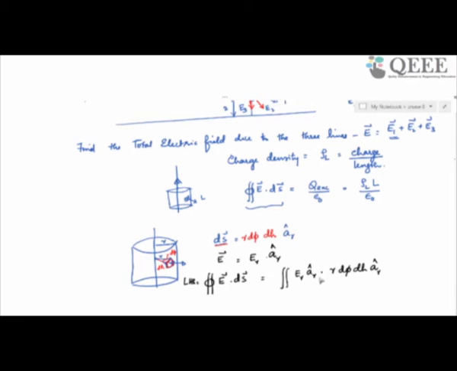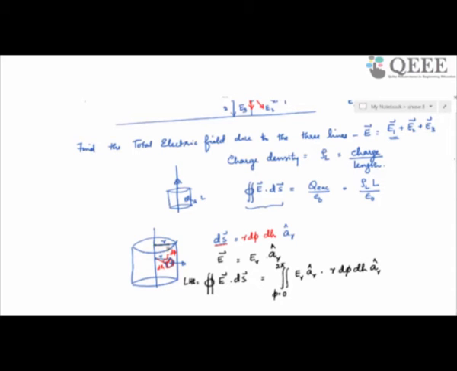This is the left hand side. Now, a_r dot a_r is 1. What would be the limits of the integral? As I move this area around, what changes is the angle. So, phi varies from 0 to 2 pi, because I am covering the entire cylinder.